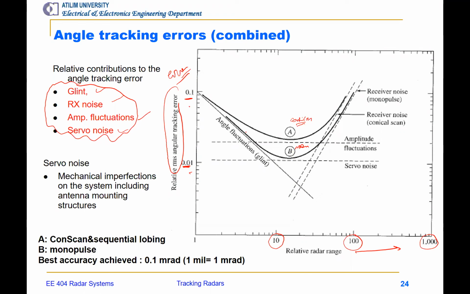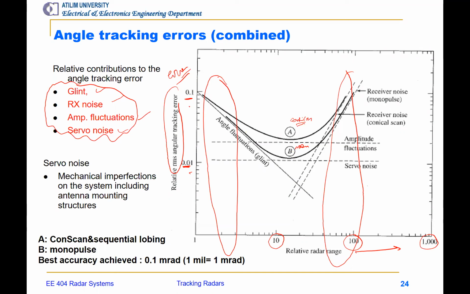But at some distances here, for example, and here, the three trackers have similar performance. There is very little difference. For example, here there is a difference, but quite small.